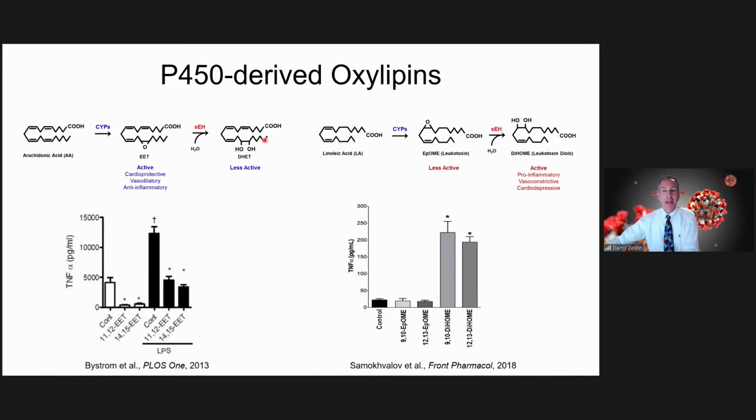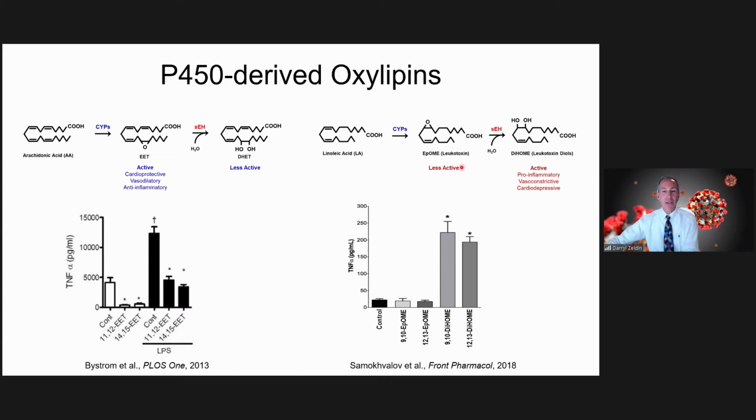As I mentioned earlier, cytochromes P450 can metabolize arachidonic acid to anti-inflammatory EETs, and then soluble epoxide hydrolase metabolizes those EETs to less biologically active diols. Cytochromes P450 can also metabolize linoleic acid to epoxides called EpOMEs, which are thought to be the less biologically active compounds, and become activated to pro-inflammatory diols called DiHOMEs by the epoxide hydrolase.